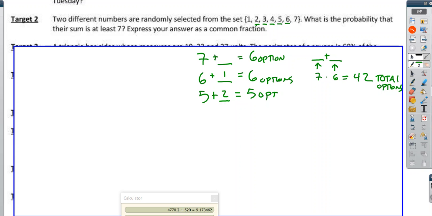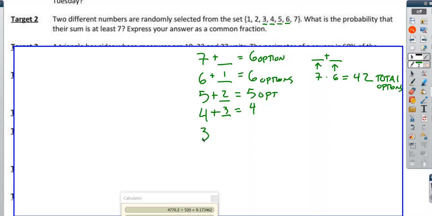Then if I started with the 4, can I use the 2? No, 4 plus 2 is not 7 or more. So that means that 2 is out of commission, but the other ones will work. That is a total of 4 options.